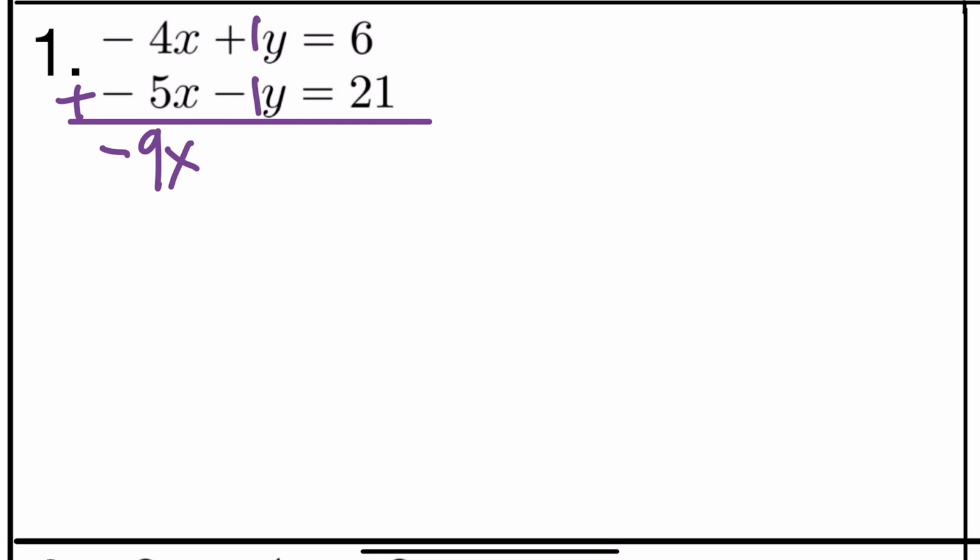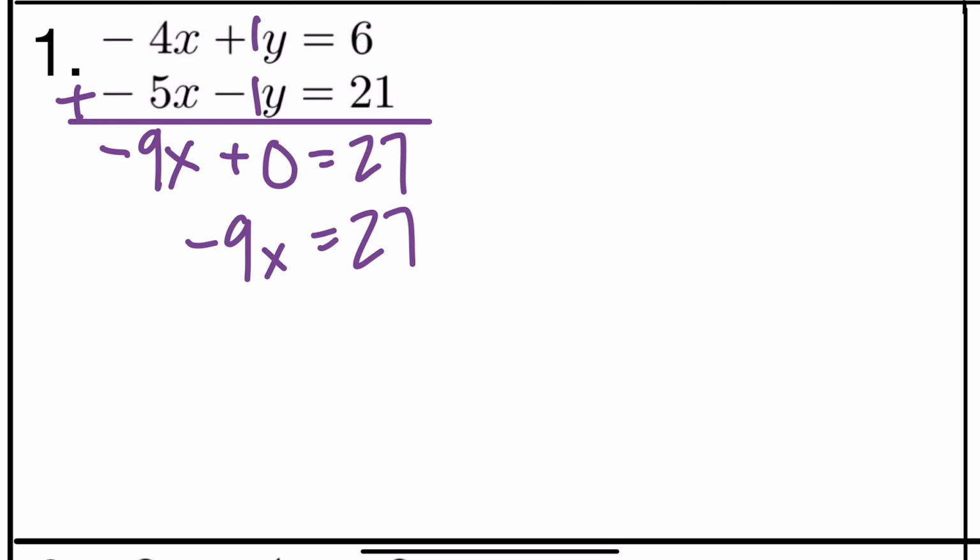All right. +1 minus 1 is just going to give you a 0. And then we have 6 plus 21. That should be 27. Cool. All right, I'm going to rewrite this, but without this 0 because we don't need it. So we got -9x equals 27.